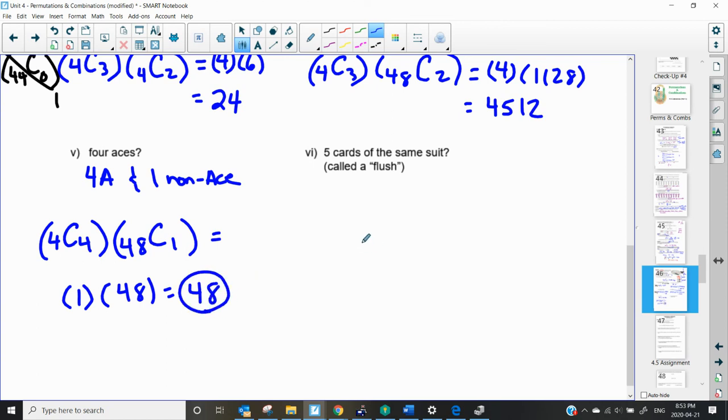Now the last question is a little bit different. It says, how many ways can we have 5 cards of the same suit? So that means 5 hearts or 5 diamonds or 5 spades or 5 clubs. So we can have 5 clubs, we could have 5 spades, we could have 5 hearts, or we could have 5 diamonds. And so we have to consider every single possibility.